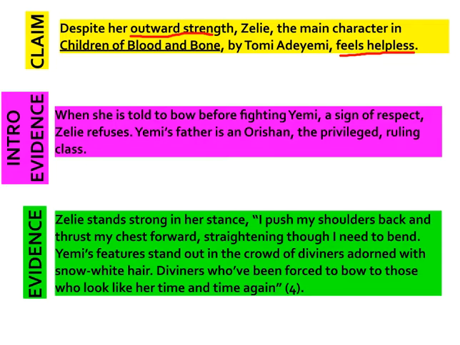And I wanted you to understand that Yemi's father is an Orisha, right? That she is a part of the privileged ruling class and that is why Zaylee is refusing to bow. You really wouldn't understand this quote. You wouldn't understand why she's talking about Yemi's features if you didn't understand those features are a sign that she's a part of the privileged ruling class.